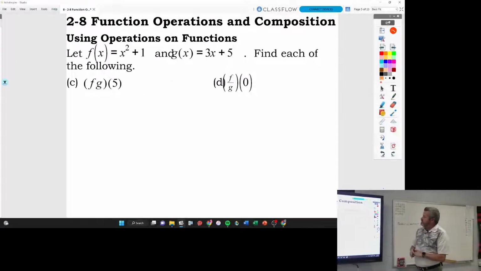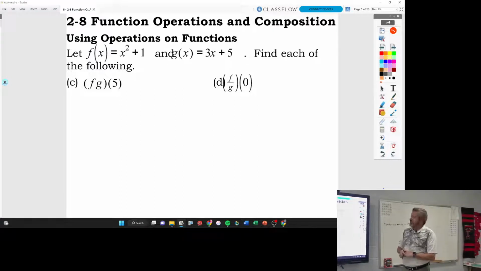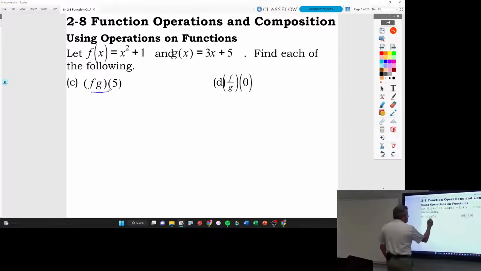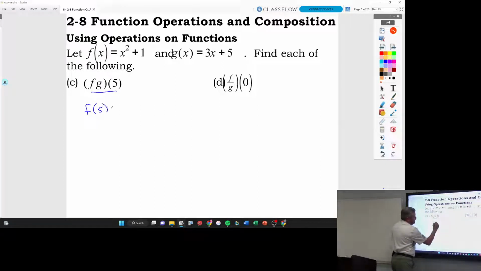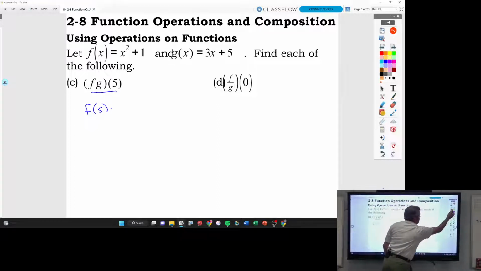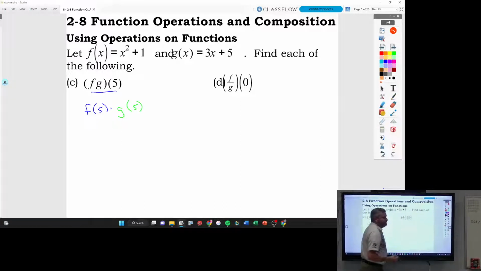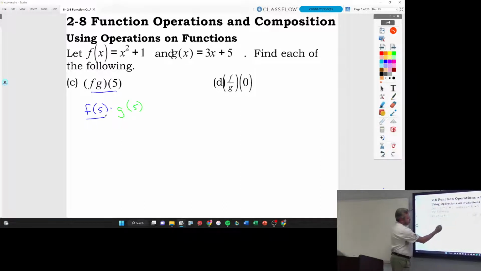We have the same two functions here, but now let's do fg of 5. So fg of 5, that means I'm going to take f of 5 and multiply it by g evaluated at 5. So f of 5, take the f function and plug in a 5.